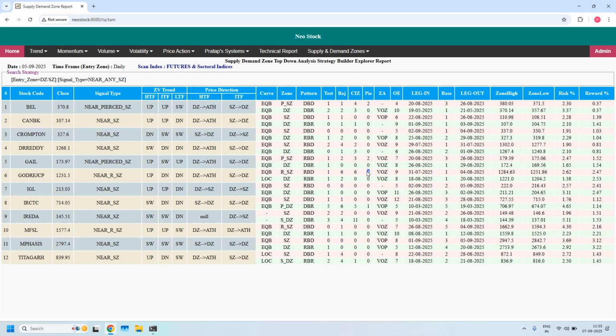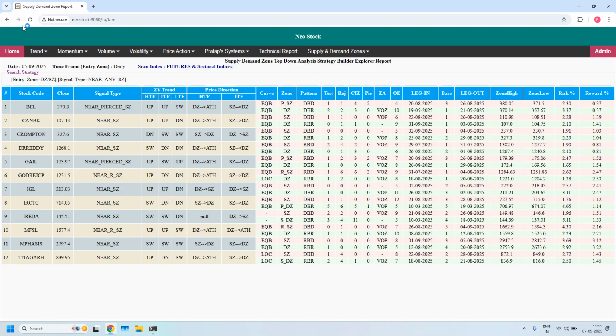But if anybody is interested, you can go for pierced zone strategies that you learned in lesson 28. Okay, here MFSL is having a high priority, high liquidity daily supply zone. That's it. We got only one daily high liquidity supply zone from this list.